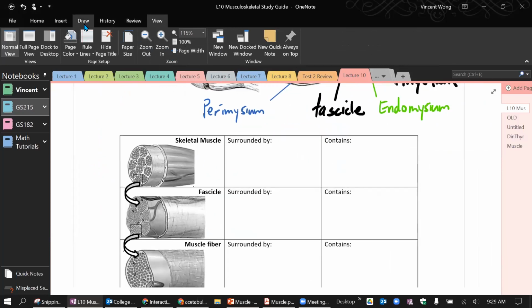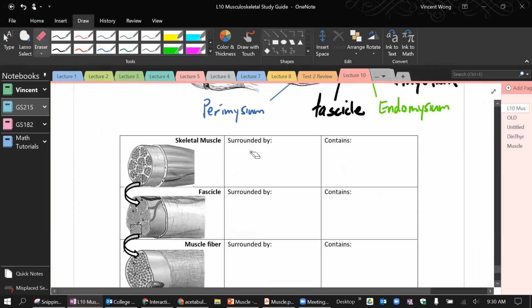So let's fill this in. Skeletal muscle. The entire skeletal muscle is surrounded by epimysium. What is inside the skeletal muscle? All these little things that I'm circling, each one of them is a fascicle.